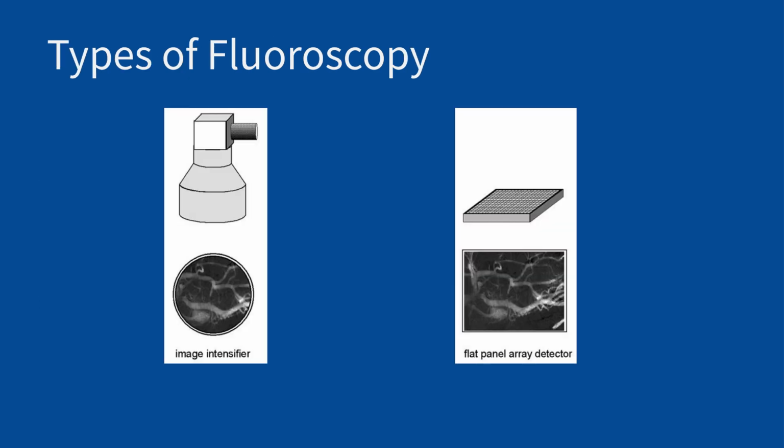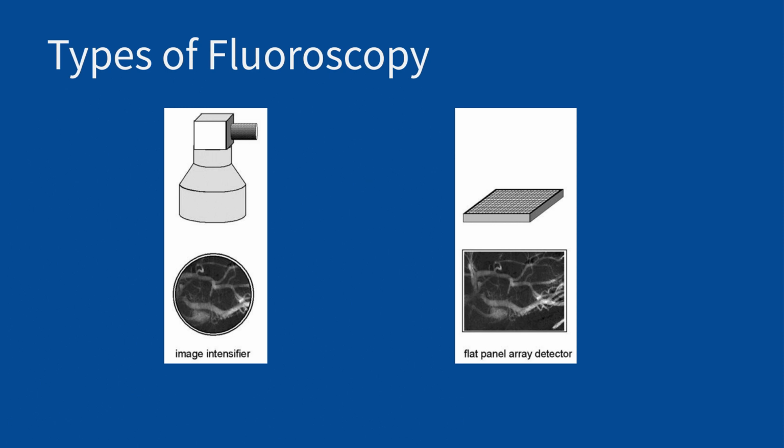We are here actually looking at two different types. The larger unit here has an image intensifier, whereas this smaller unit is fully digital. So the acquisition of the X-ray image is digital, and it's fed into the device digitally as well. We have the image intensifier on the one hand, which traditionally used to be a phosphorus screen, which was captured.